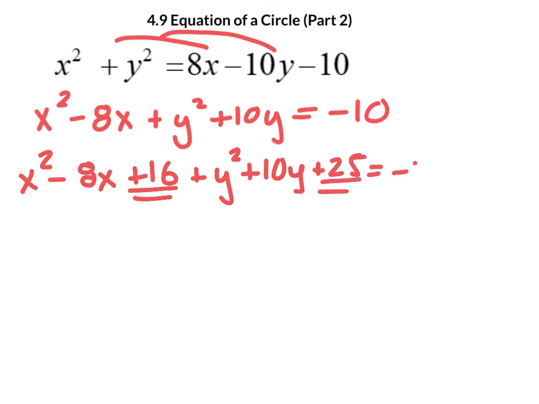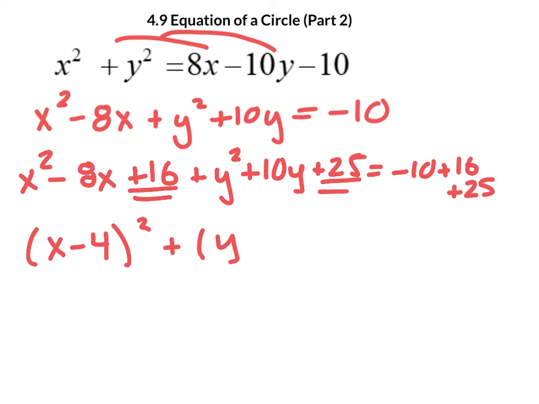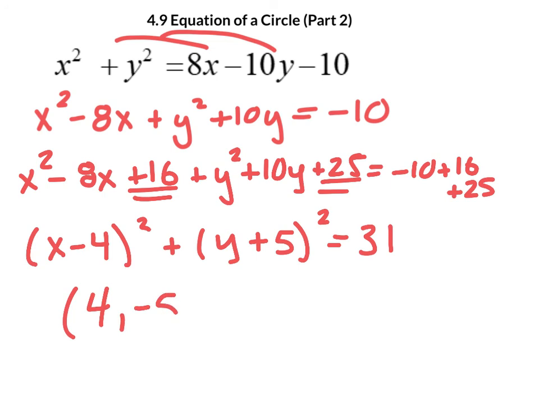And now we have a negative 10 and a 16 and a 25. And I think now we can write this out as x minus 4 squared, y plus 5 squared. What does that all add up to? I think 31, 40, yeah, 31. And so our center is at 4 and negative 5 with a radius of the square root of 31.